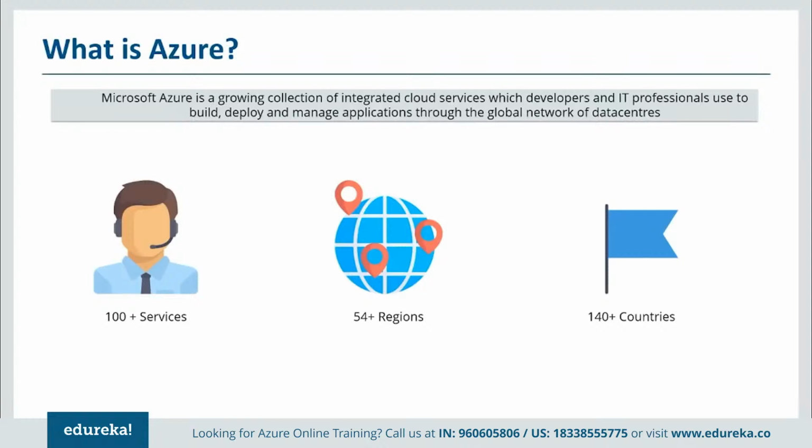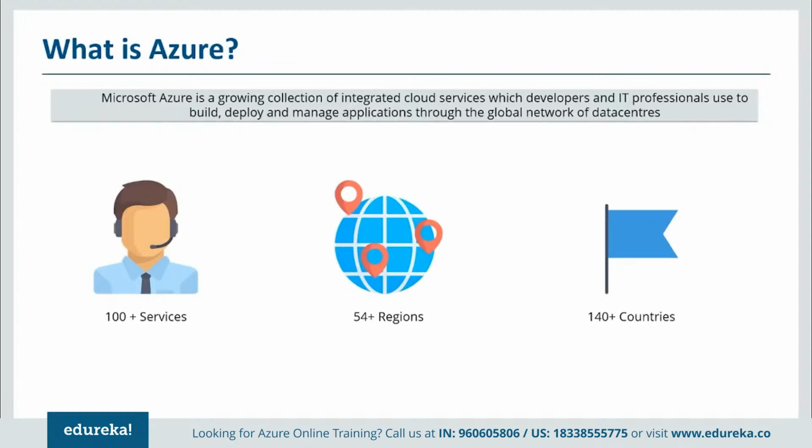A service is basically, for example, you want to create a virtual machine. That's a service, so you can go ahead and consume that service. Let's say you want to store some data. So you can go ahead and create a storage account. That's also another service. So right now, there are 100 plus services which are available in Azure. I think the number is approximately 150, but just to have a big picture, it's 100 plus services.